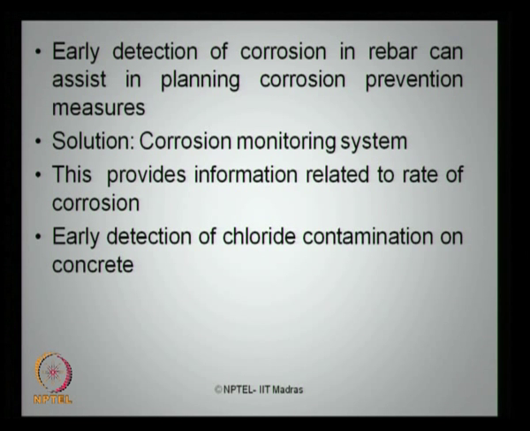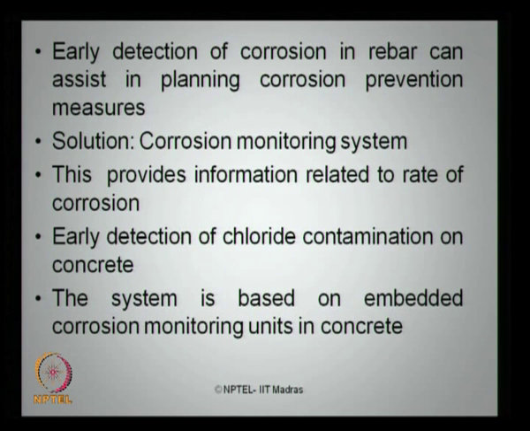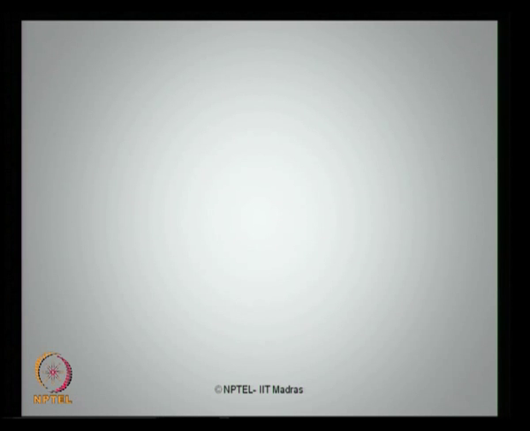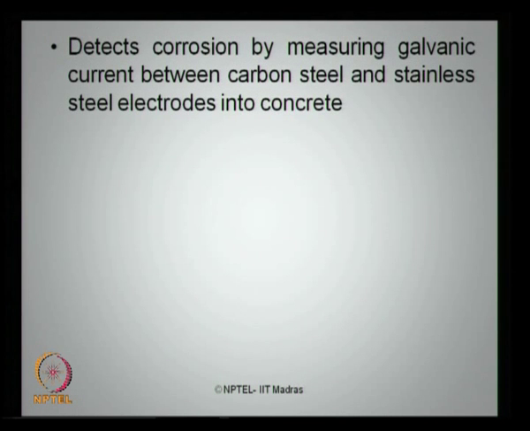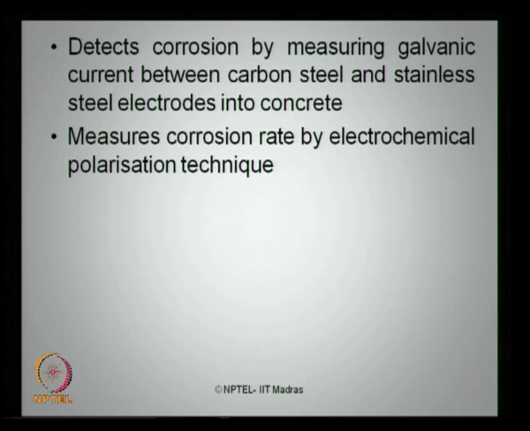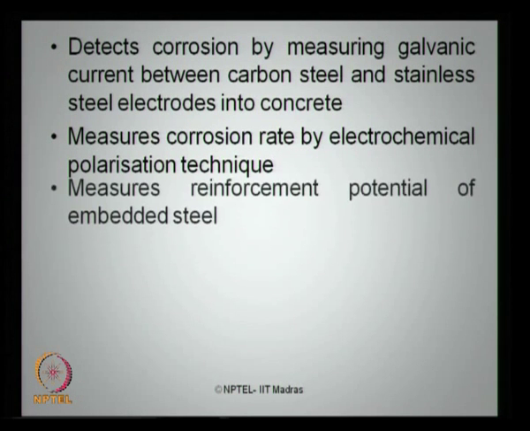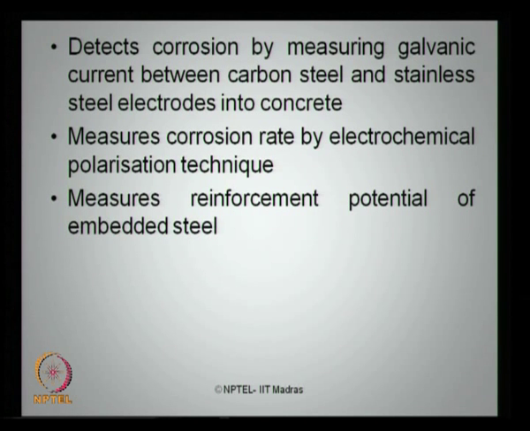Early detection of chloride contamination in concrete is also an integral part of this corrosion monitoring system. The system is based on embedded corrosion monitoring units in concrete itself. It detects corrosion by measuring the galvanic current between carbon steel and stainless steel electrodes which are embedded into concrete. It measures the corrosion rate by electrochemical polarization technique. It measures the reinforcement potential of the embedded steel.